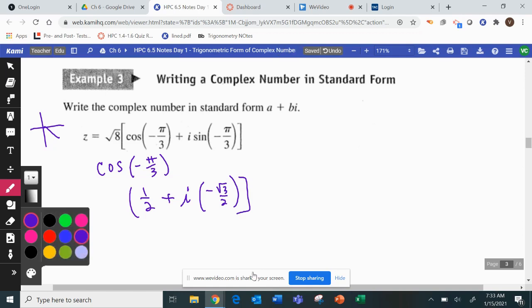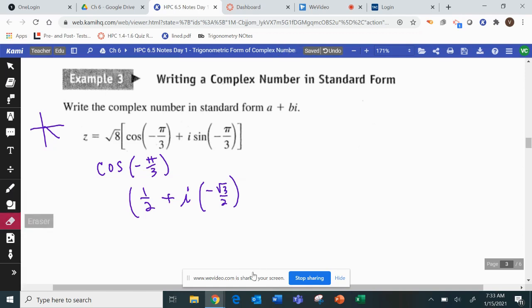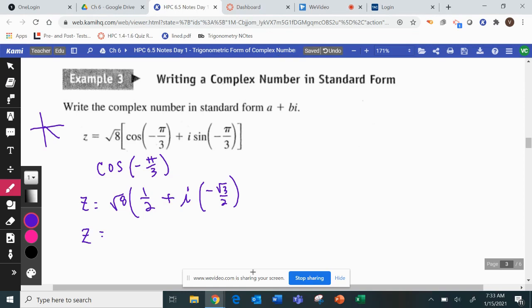I hope I have an extra parenthesis. And then I'm going to put the square root of 8 outside. So let's see. Square root of 8 is 2 square root 2. Here, I'll go ahead and distribute that.